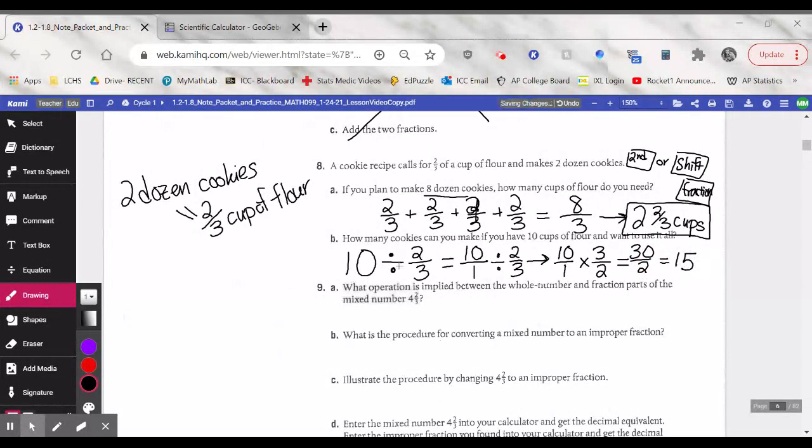And I know that 2/3 of a cup of flour is for 2 dozen cookies. So if I'm looking at 15 sets of those, I'm looking at 15 of 2 dozen, which would be the same as 30 dozen cookies. Dang, it's a lot of cookies.